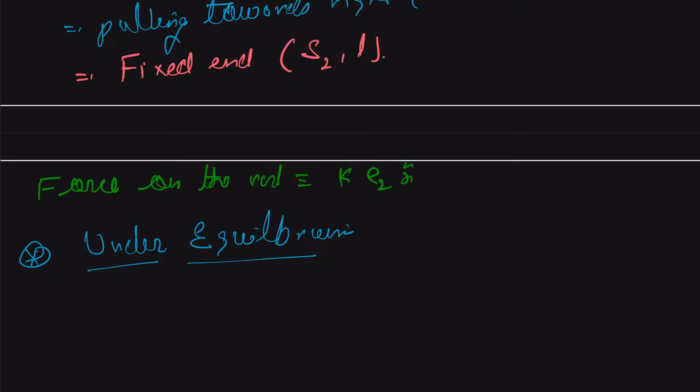So it means they are always about the plus x-axis as well as the minus x-axis. So we are given that springs are perpendicular to the rod, which basically means they are always about the plus and minus x-axis. Okay.